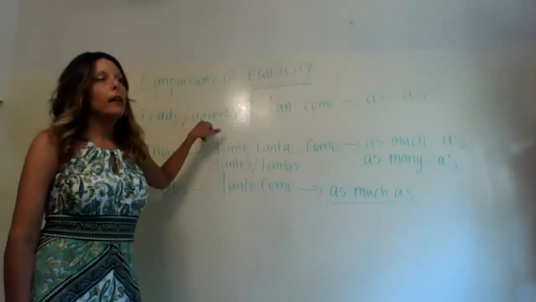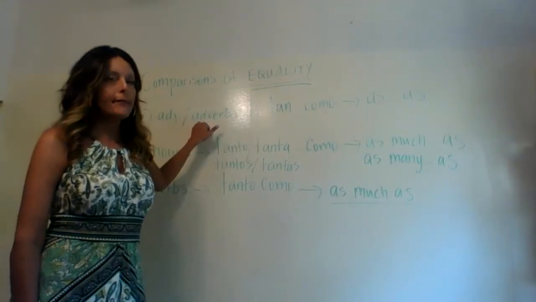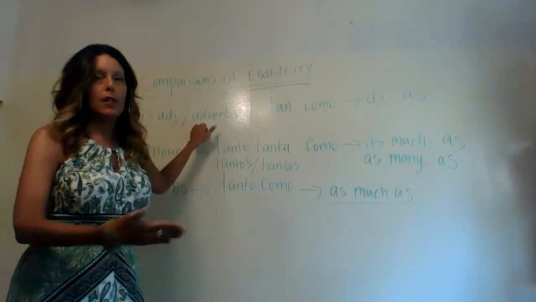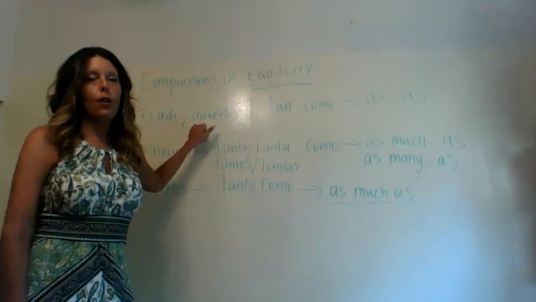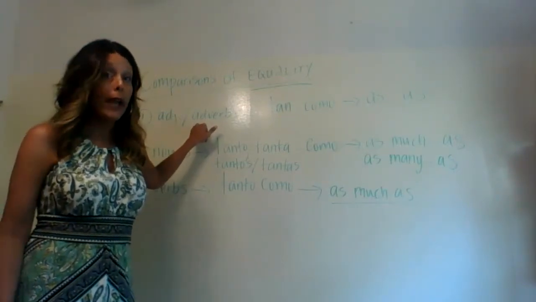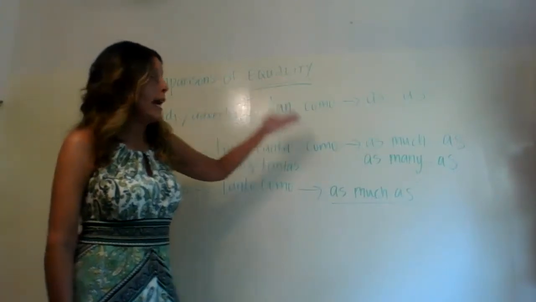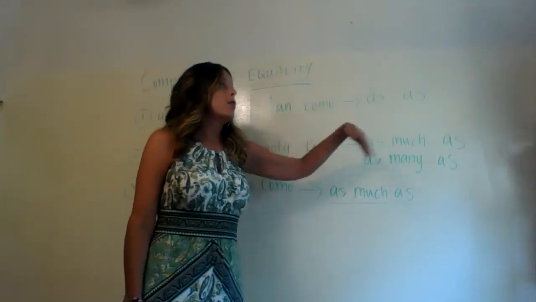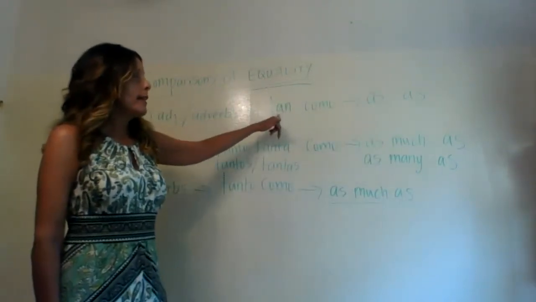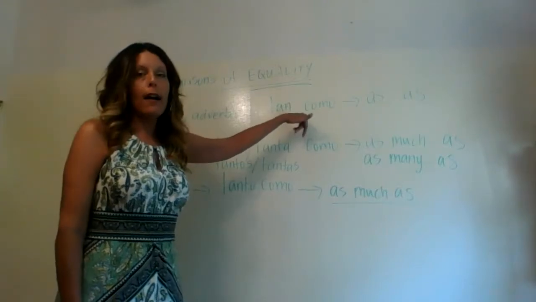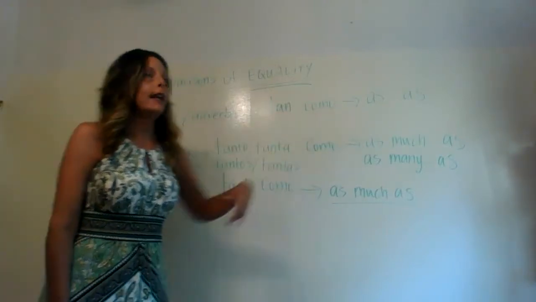And an adverb, she speaks Spanish as well as somebody else does. So an adverb describing the way in which somebody does something. So as intelligent as, or as well as, it will end up being tan, and then our adjective or our adverb, and then como in Spanish.